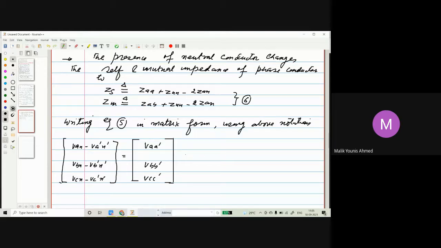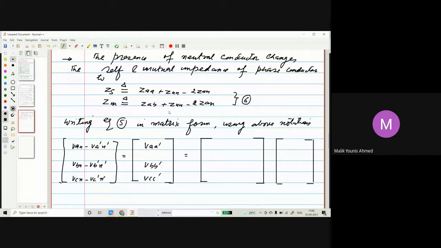So that further will be equal to, okay, make it to matrix first. Okay.